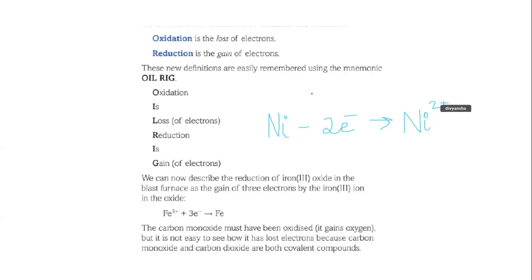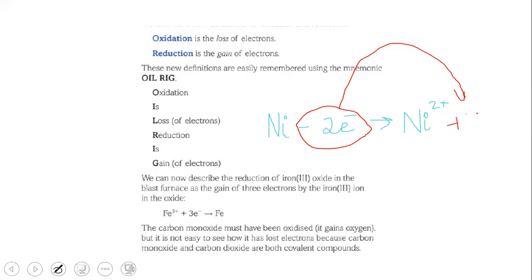All right, when you wrote down minus 2e, if you remember from the topic of electrolysis in IG, when we used to write down equations for cathode and anode, we always used to try to write electrons with a positive sign. So your equation is correct. Nickel will lose 2 electrons to become an ion, but we're not going to show the electrons over here. We will show the electrons on the other side of the equation, and we will write down plus 2e. So that would be your half equation.